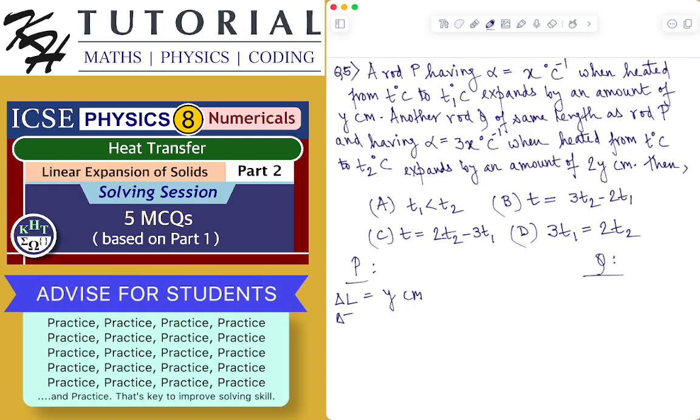The rod P is being heated so that its temperature rises from T to T1 degrees Celsius. So delta T will be T1 minus T this much degree Celsius. Alpha is given to be x per degree Celsius.